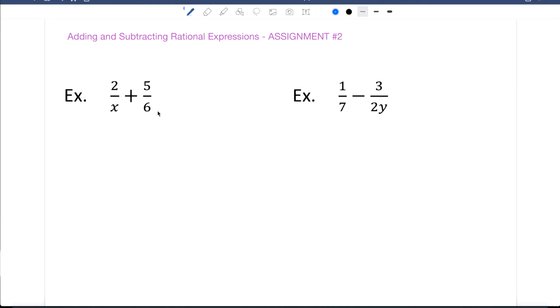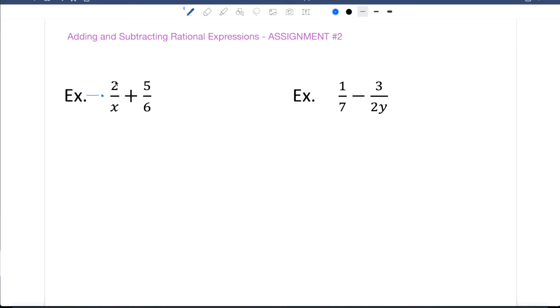Now, it will make sense once we get to the other examples, but here, there's nothing I can do to x to make it turn into a 6. And vice versa, there's nothing I can do to 6 to make it turn into an x. So in this case, all I do is multiply each fraction by the other denominator, like assignment number 1.